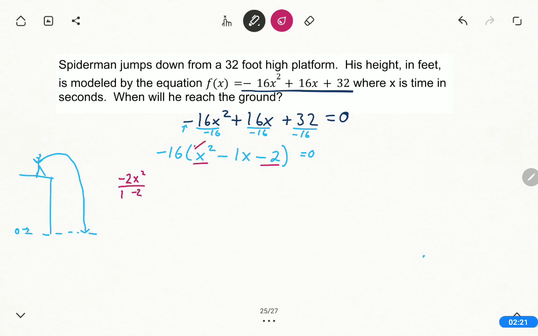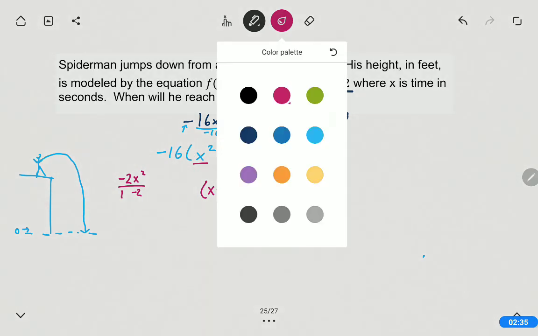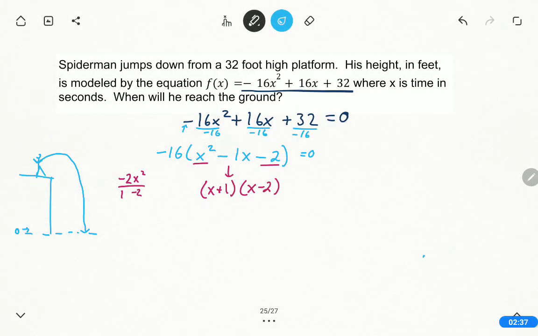Since there's no longer a leading coefficient, we can use the shortcut and skip steps 3 and 4. Factoring this out as x plus 1 and x minus 2. We can't forget our negative 16 and equal to 0.